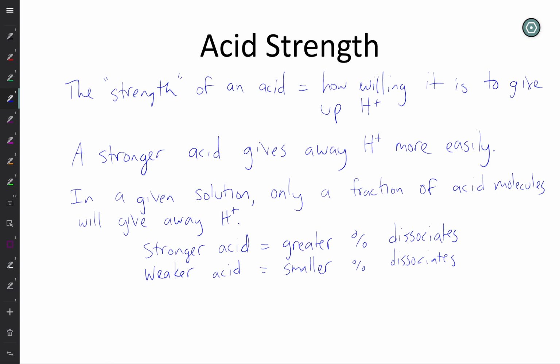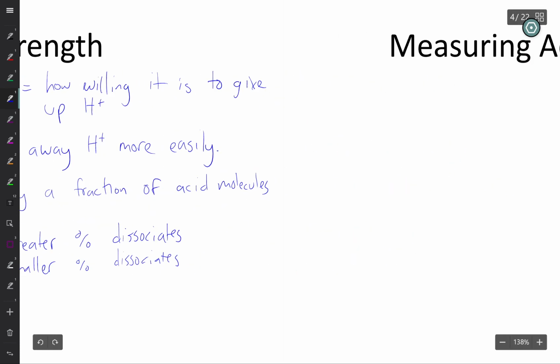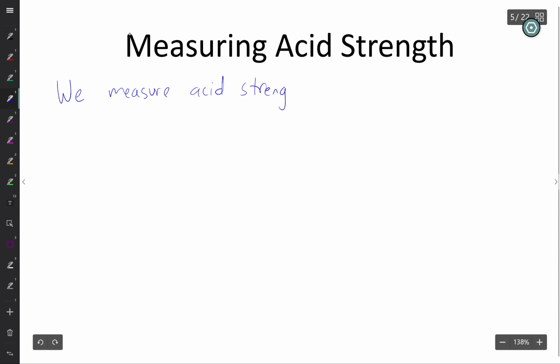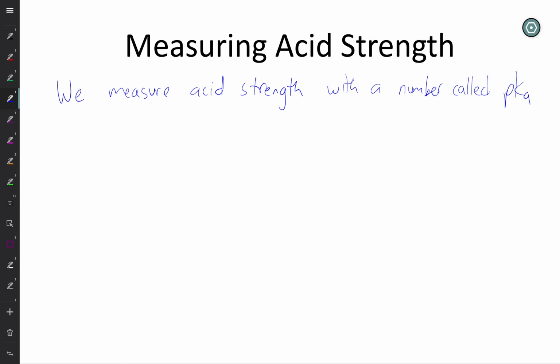In here, essentially, what we're going to say is we have a number that we use to describe acid strength, and the number that we will tend to use is called pKa. Think of pKa as how hard it is to pull H plus away from the molecule.